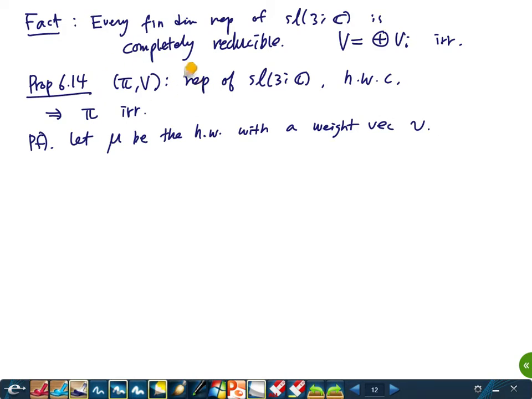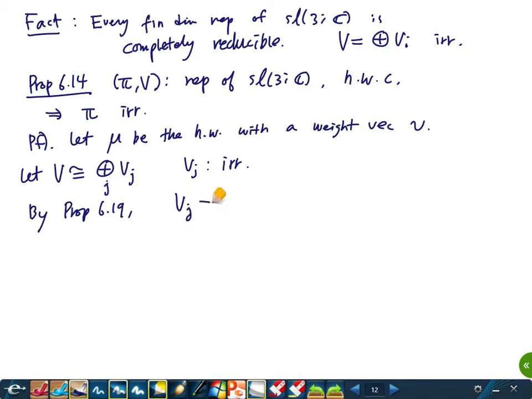And because this is completely reducible, we can write things like that. So let's decompose this into irreducibles. Every summand V_j here is irreducible. So it's an irreducible representation now. But we know from proposition 6.19, every irreducible representation is a direct sum of its weight spaces.